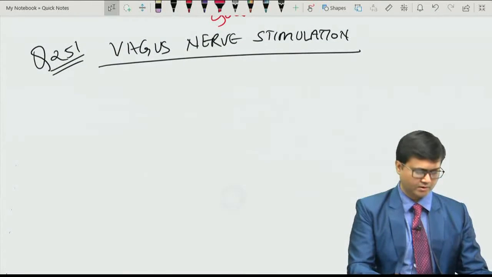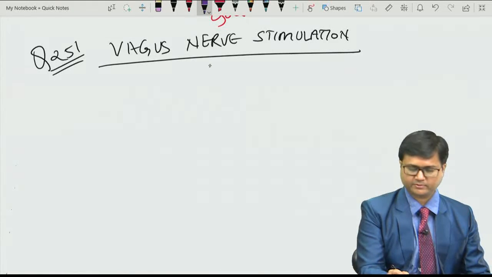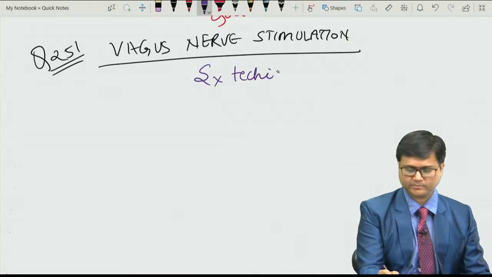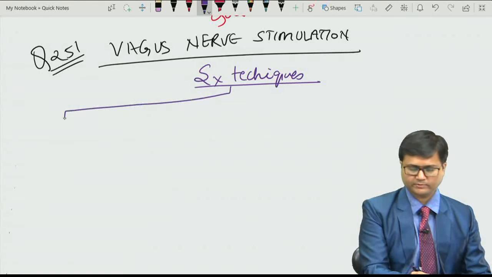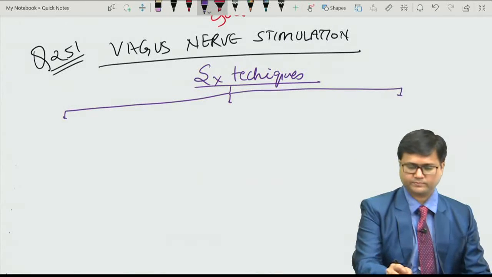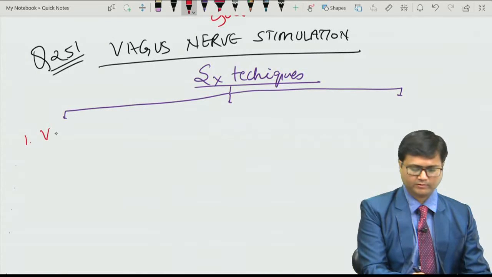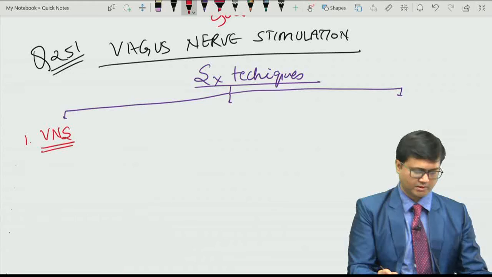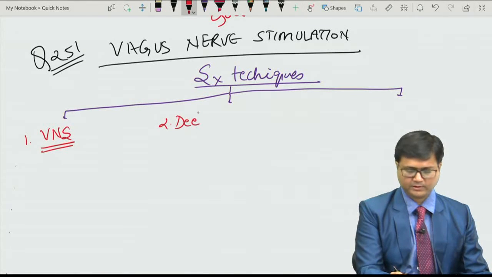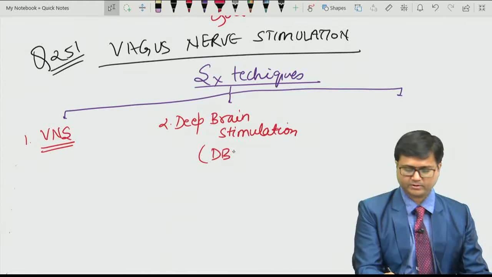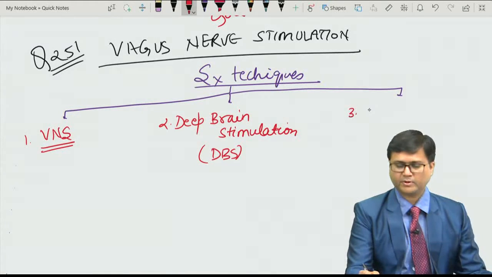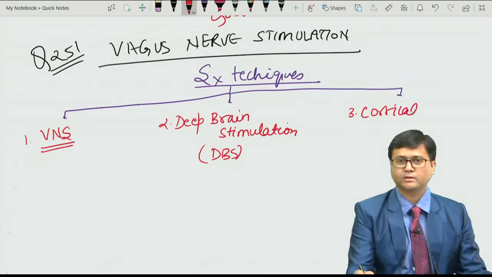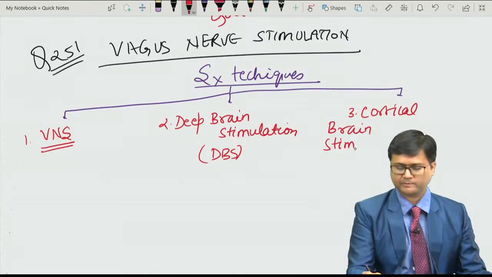Now some of the various surgical techniques used are: first is the vagus nerve stimulation, then there is deep brain stimulation or the DBS, then there is the cortical brain stimulation.